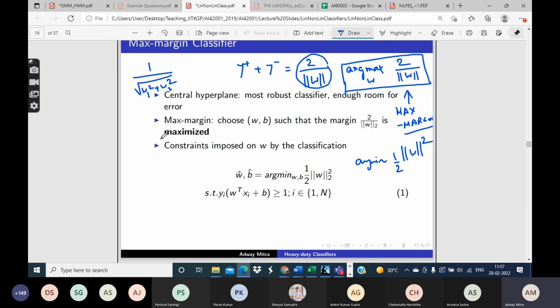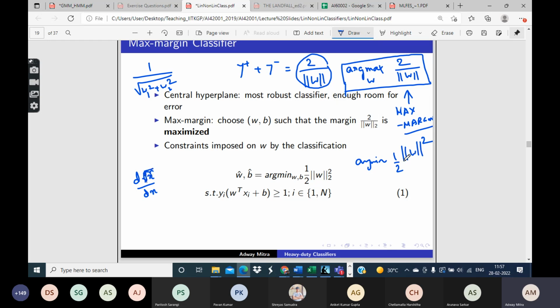Putting a square on top of it has no impact apart from making the problem mathematically a little bit tractable. When you are considering just the L2 norm, it still has a root over it. If you want to do a derivative, the derivative of root x with respect to x is not a very nice thing to handle. So instead of taking the root, you will just take the square of this thing.